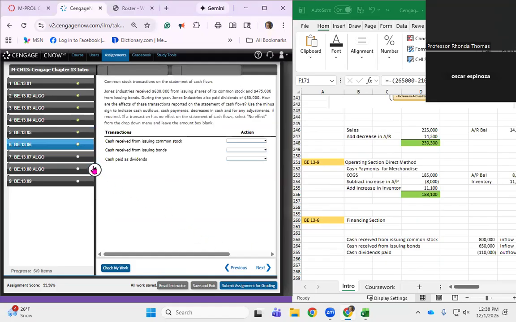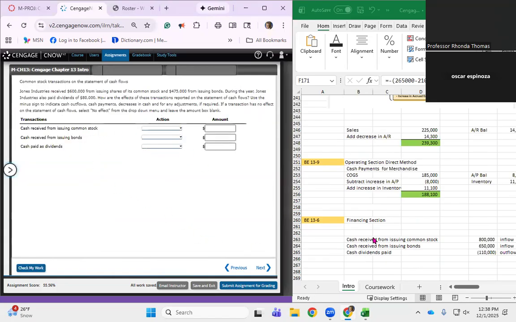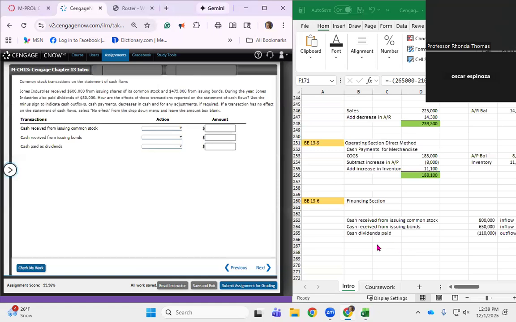So now we're going to be looking at the financing section. You say, how do you know? Because they're talking about common stock, they're talking about bonds, they're talking about paying dividends, and so forth. All right, so let's see. So just like we did the investing section, we're going to see if there's anything here that caused cash to go up.